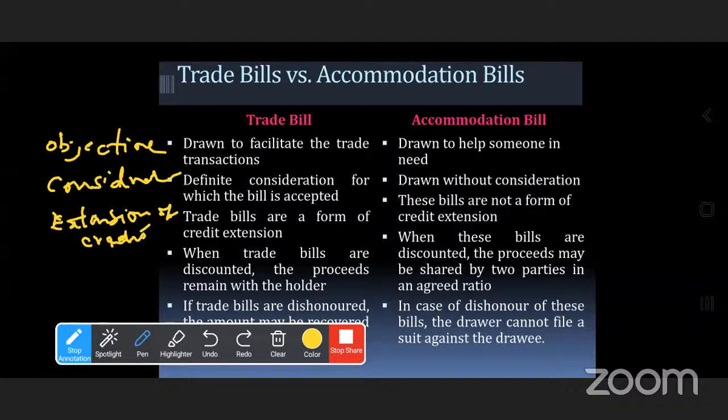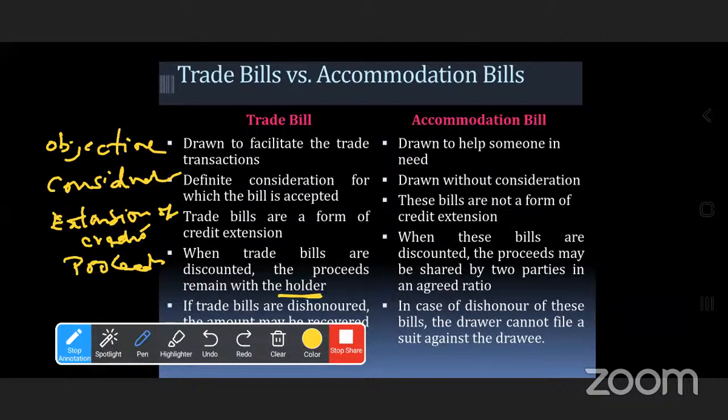It's not a form of credit extension because it is used only to help the other person financially. And coming to the proceeds, when trade bills are discounted, the proceeds remain with the holder of the bill.